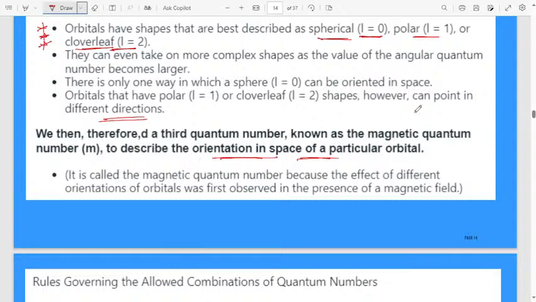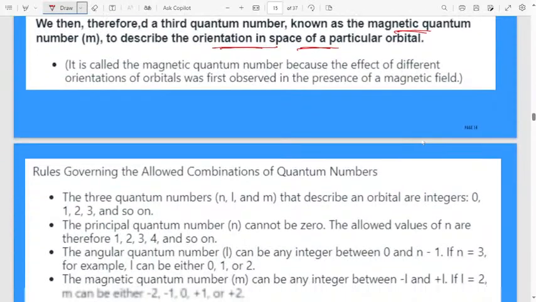The third one, the magnetic quantum number, tells the orientation of orbitals in space, how the orbitals get arranged in space. It is called the magnetic quantum number because the effect of different orientations of orbitals was first observed in the presence of a magnetic field.